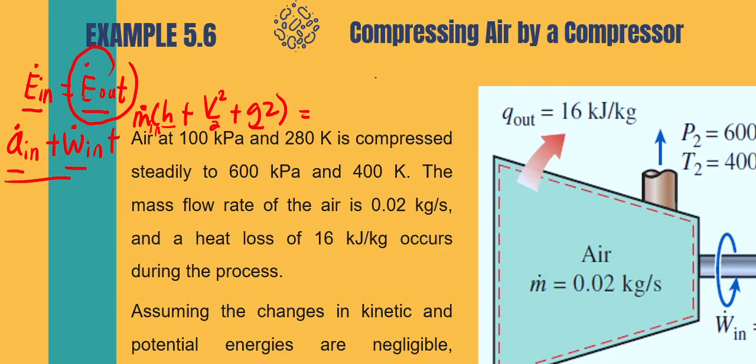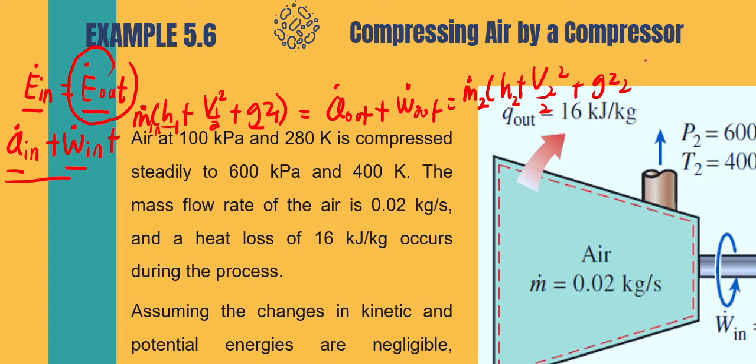Same expression, but this is for out, and this is Q out, energy transferred by heat, and then energy transferred by work, and energy transferred by mass. So m2 or m out, times h2, this is h1, this is V1, this is z1, and V2 over 2 plus gz2.